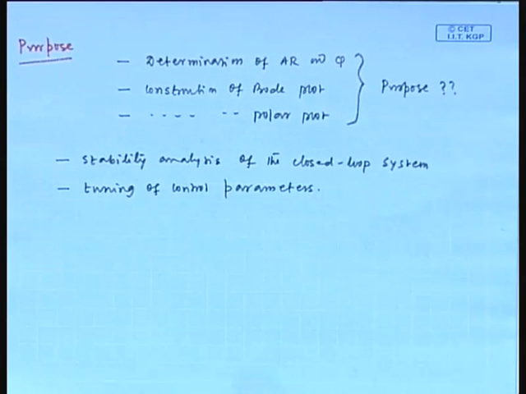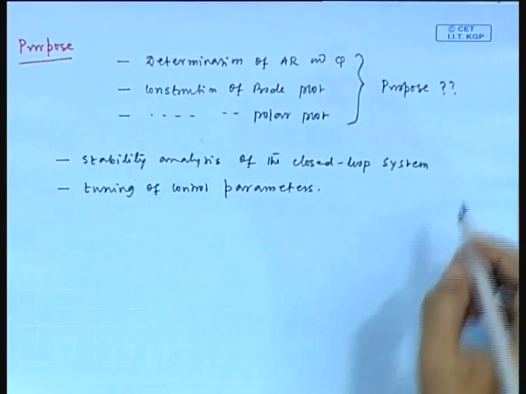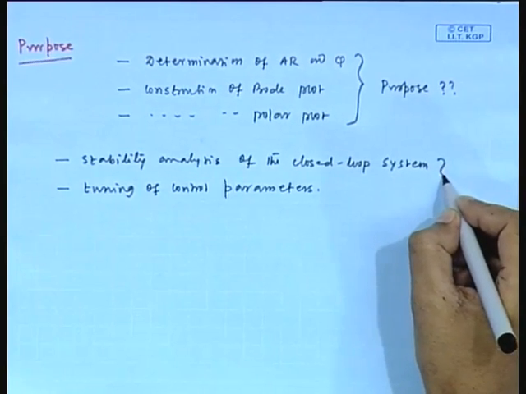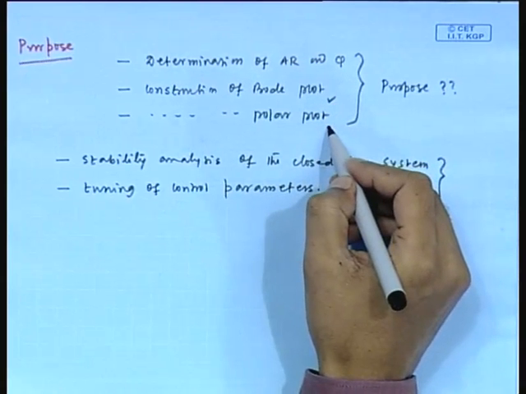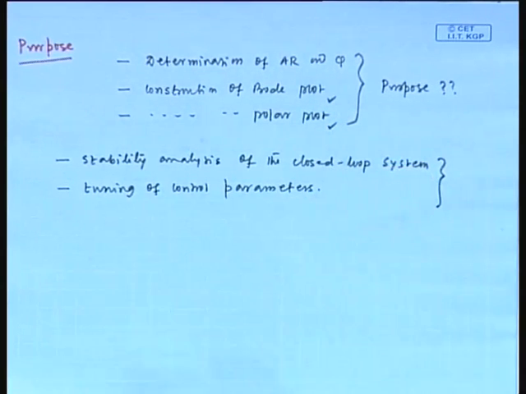It is interesting to note that for the stability analysis and for controller tuning, we will use this Bode plot and polar plot. So far we have just started the construction of those plots. In the next we will use those plots for stability analysis and for controller tuning.